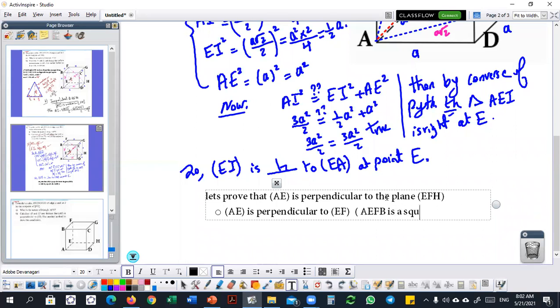AEFB is a square. Another time I will write again the word: the side AE is what? It's perpendicular. It could be perpendicular, it could be orthogonal. Perpendicular to EH. Which square are we using now?